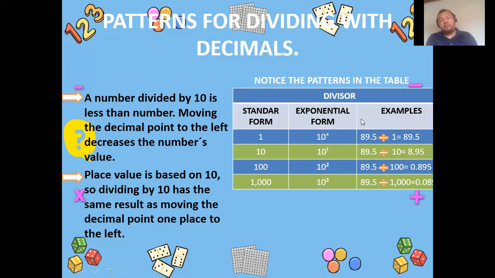For example, in this chart we have noticed the patterns in the table. The divisor in standard form is 1, 10, 100, and 1000.